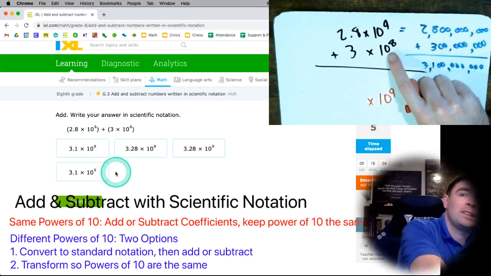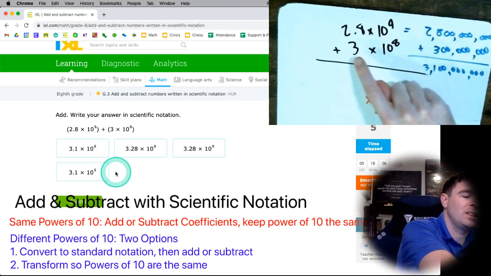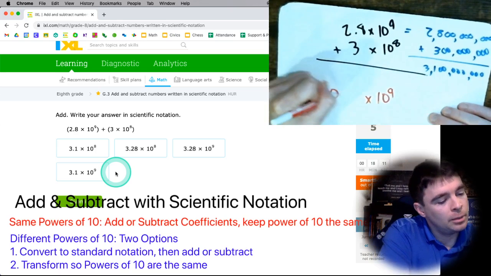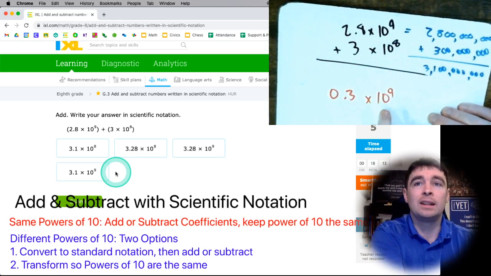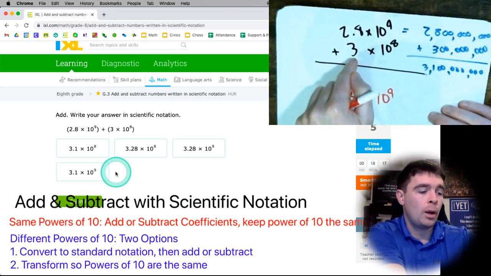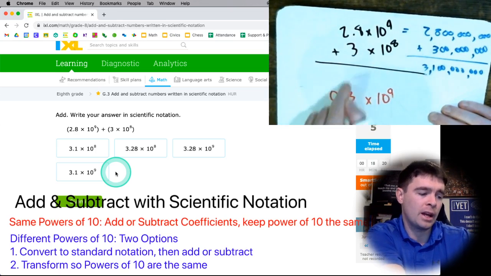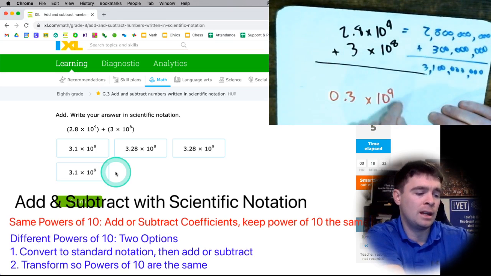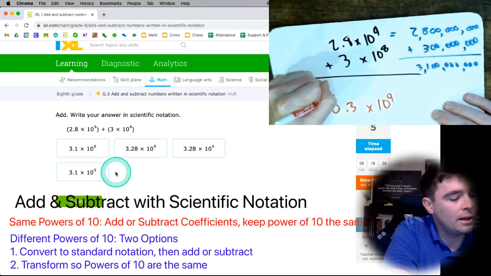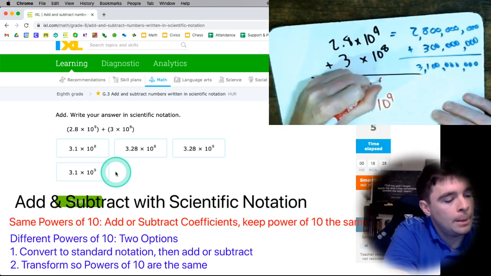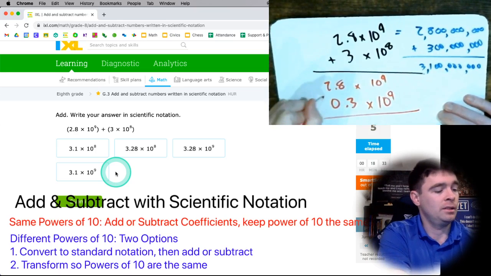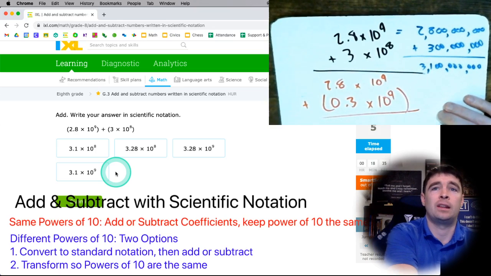But if I'm going to switch this to 10 to the power of 9, that means I need to steal a power of 10 from 3. And it's going to be 0.3 times 10 to the 9th. That's the same thing as 3 times 10 to the 8th. I took a power of 10 away from the 3, divided it to 0.3, and that power of 10 now shows up in the exponent. And once I've done that, now I have 2.8 times 10 to the 9th plus 0.3 times 10 to the 9th.